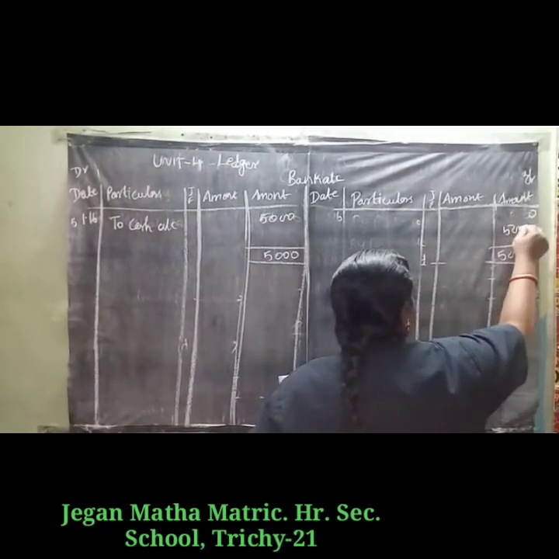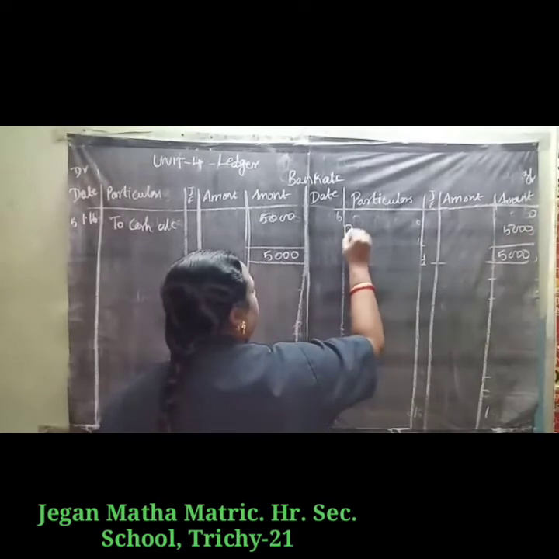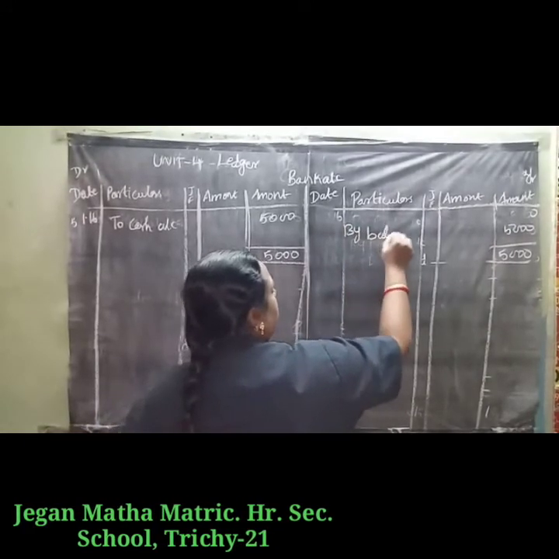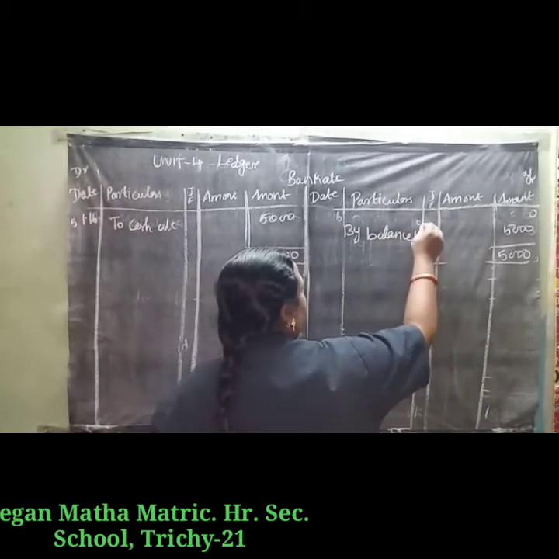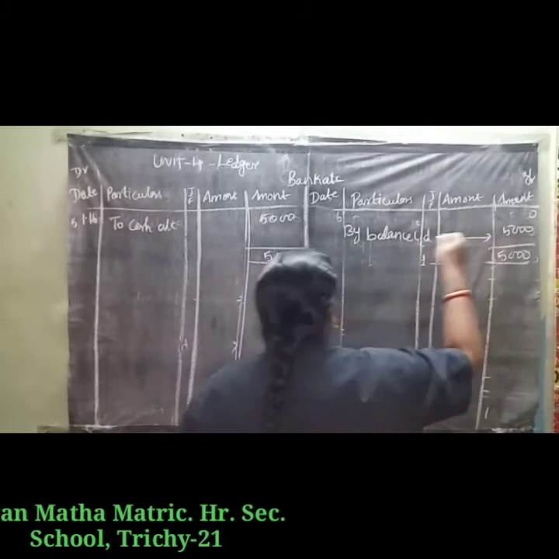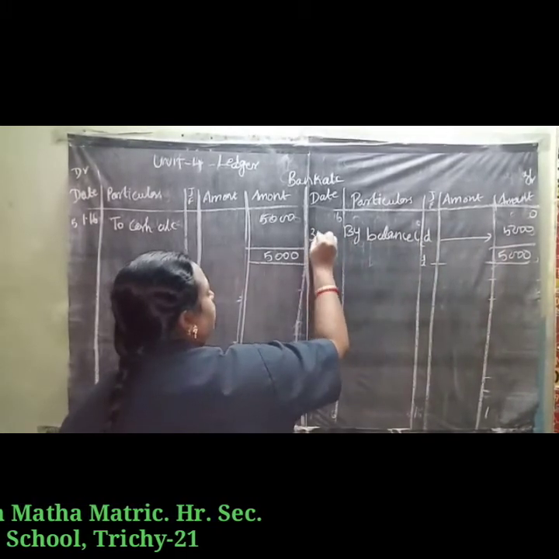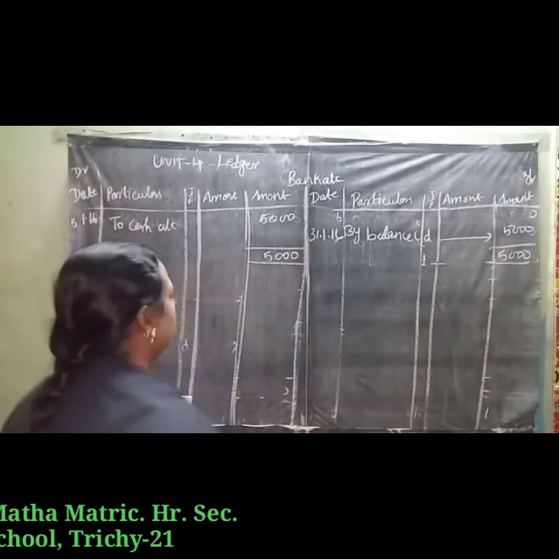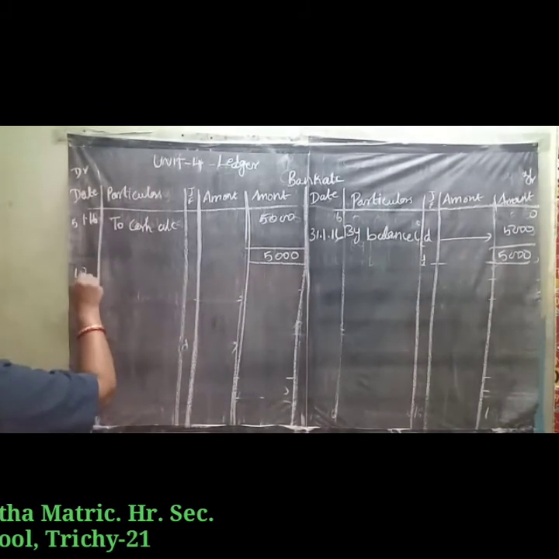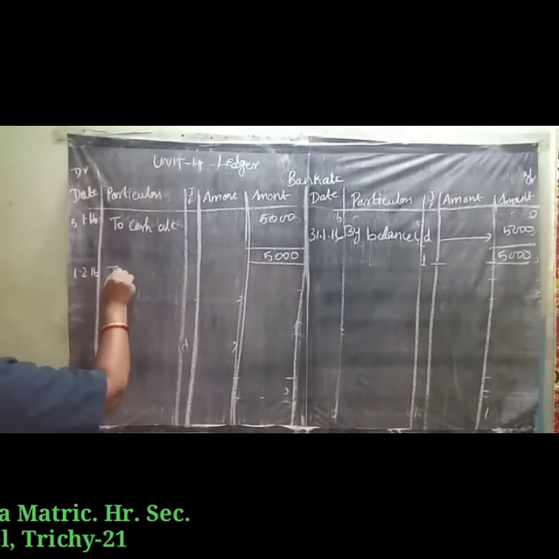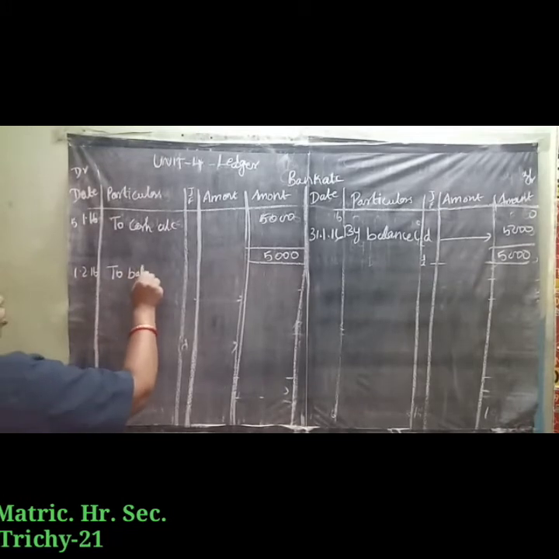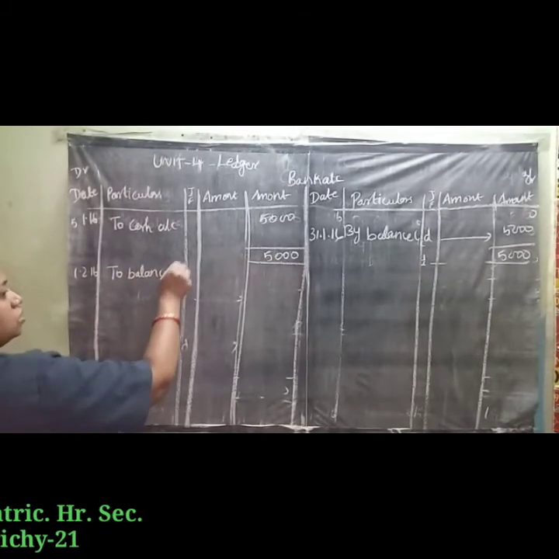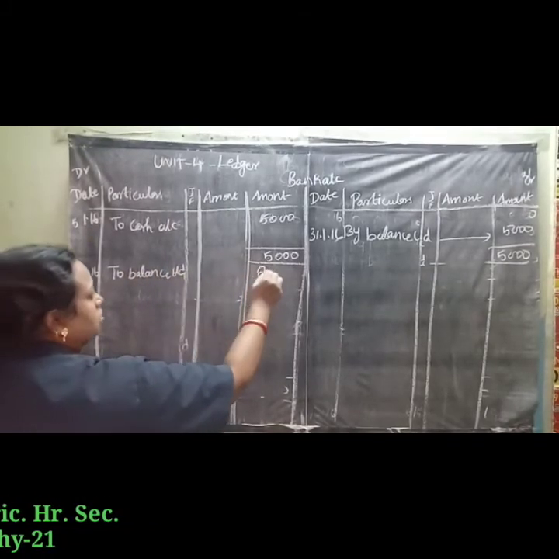By balance c/d, 31/1/2016. The next, 1/2/2016, to balance brought down 5,000.